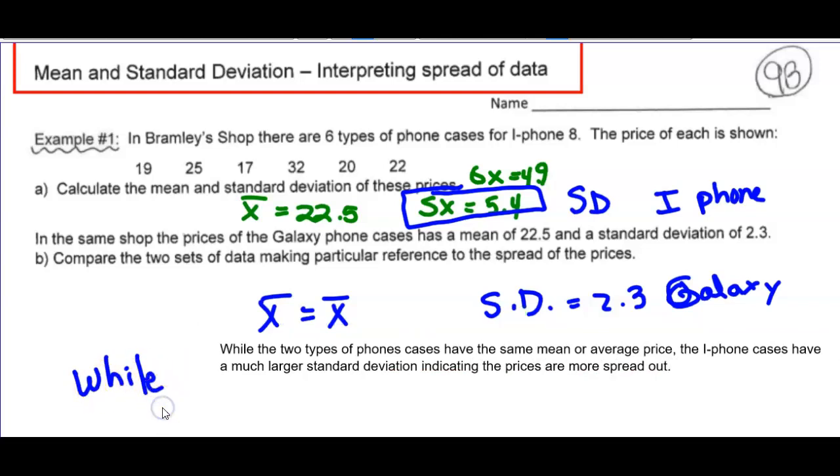Okay, so that's the idea behind a standard deviation being larger: the data is more spread out.